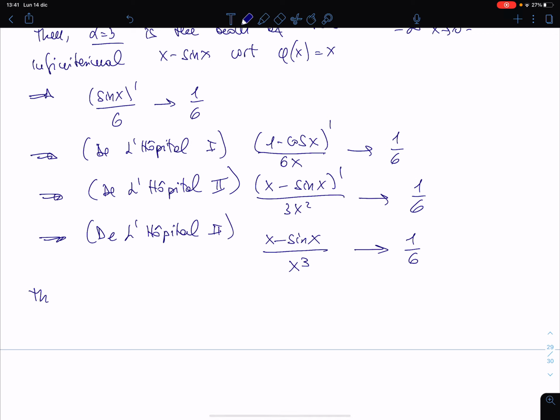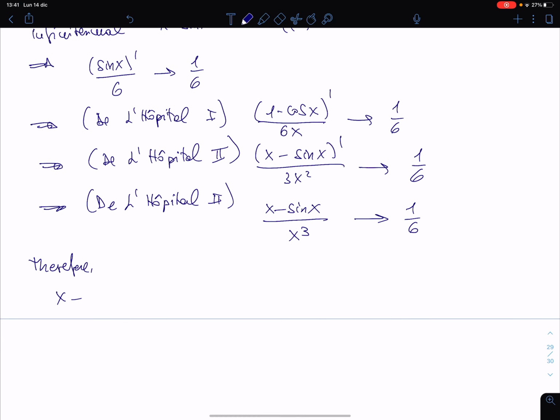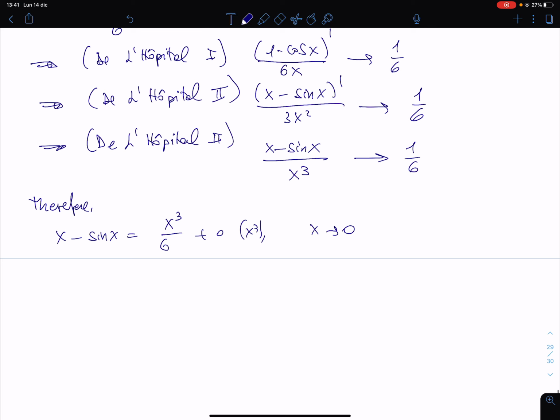Therefore, x minus sine of x is equal to x cubed over 6 plus little o of x cubed as x goes to 0. And rearranging terms in a more convenient way, we find that sine of x is equal to x minus 1/6 x cubed plus little o of x cubed for x going to 0.